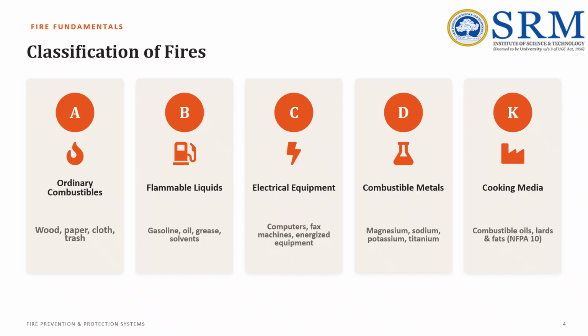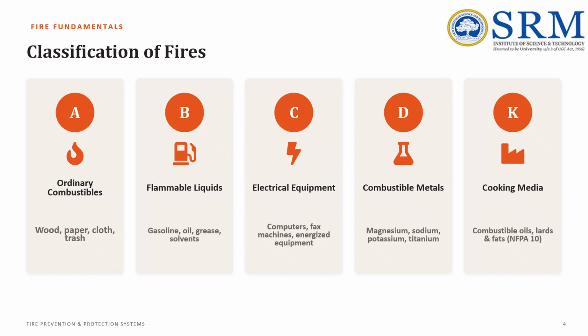Class C fires involve energized electrical equipment such as computers, transformers, electrical panels, and motors. Carbon dioxide or dry chemical powder extinguishers are used because they do not conduct electricity. Class D fires involve combustible metals like magnesium, sodium, potassium, and titanium.